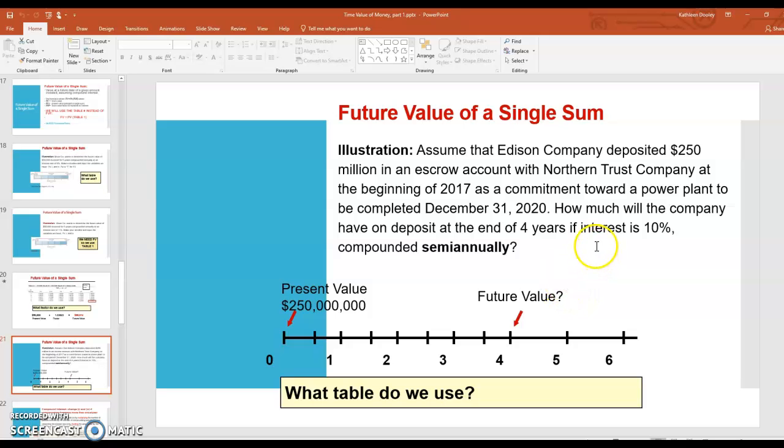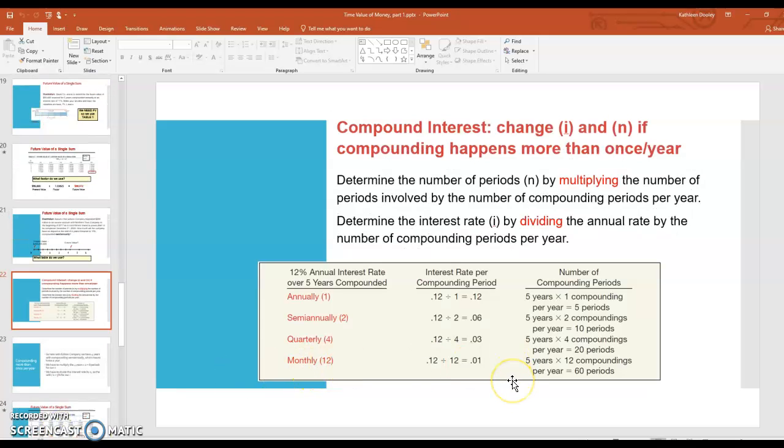Now, for our I, interest is 10%, and the number of years is 4 years. However, we're not being compounded annually, it's being compounded semi-annually. That means twice a year. So in that case, we can look at this chart and see what we need to do.